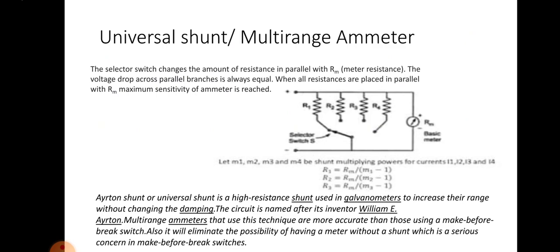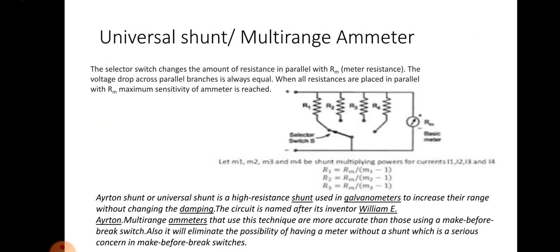So here from the figure you can see the basic meter Rm is connected to the right hand side, and for the range extension of this meter we have connected shunt resistance in parallel with the meter.